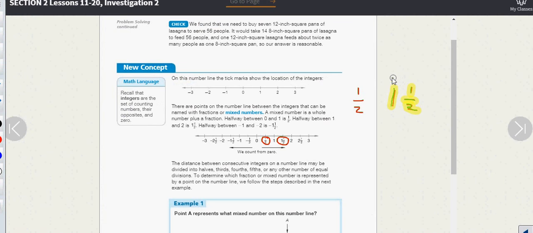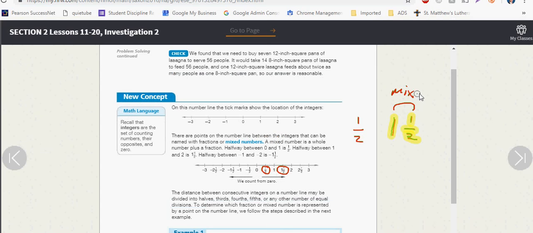And mixed is kind of another way to think of the word put together. Call that a mixed number. And this one, of course, F-R-A-C-T-I-O-N, fraction.